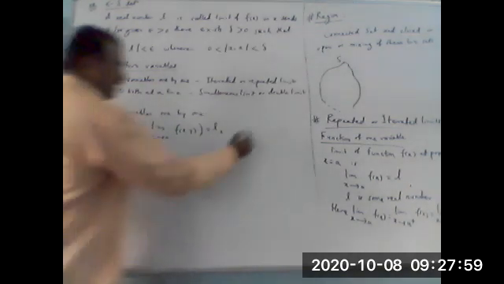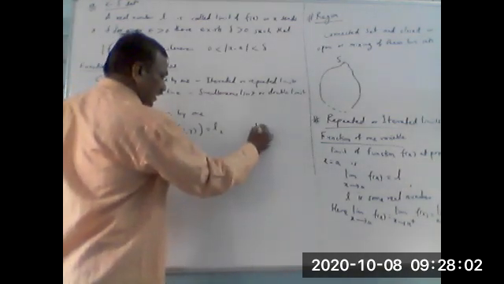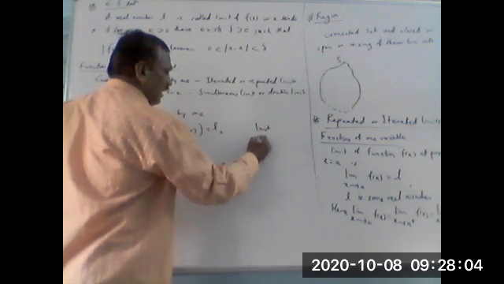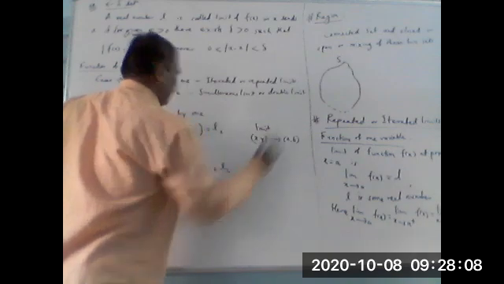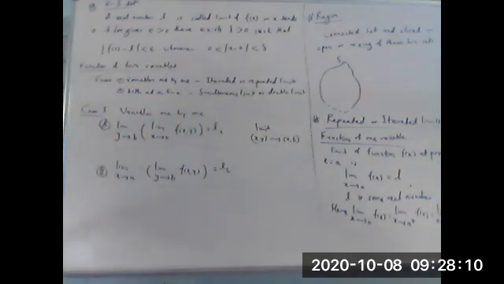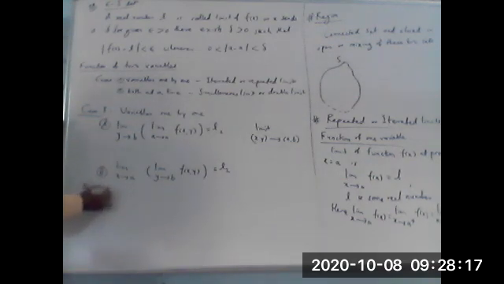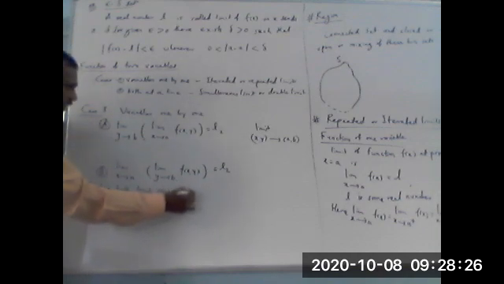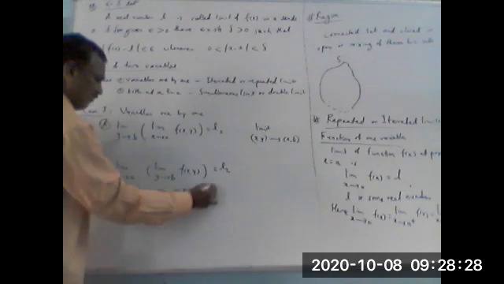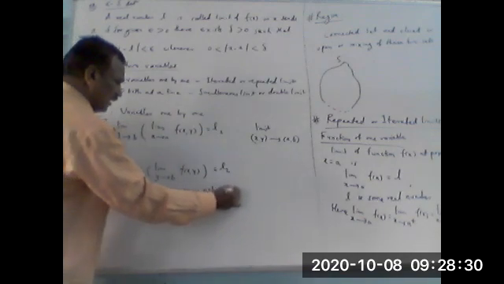Now here we are considering the limit as the point tends to (a, b) in R2. Note that first, both limits may or may not exist.